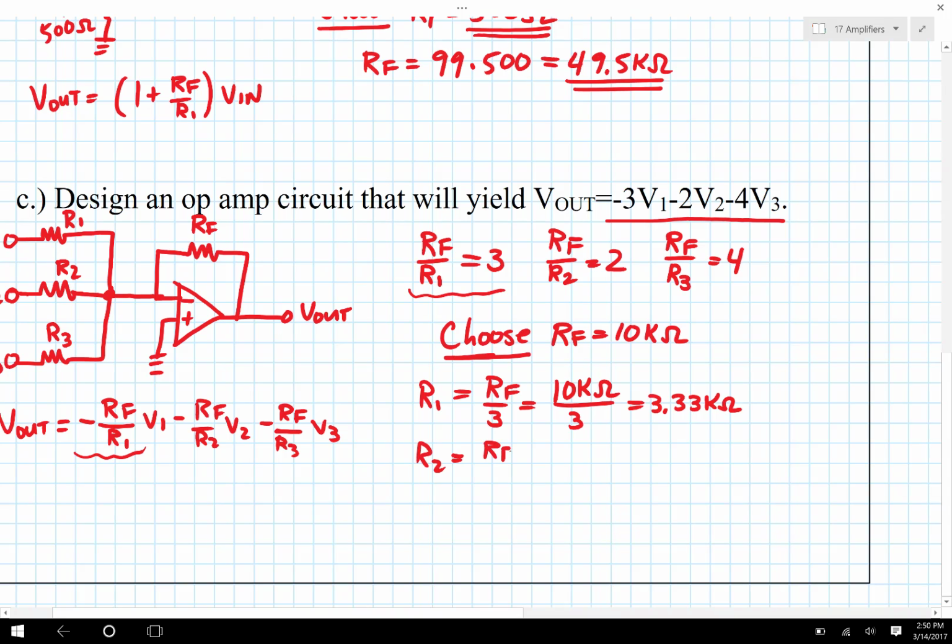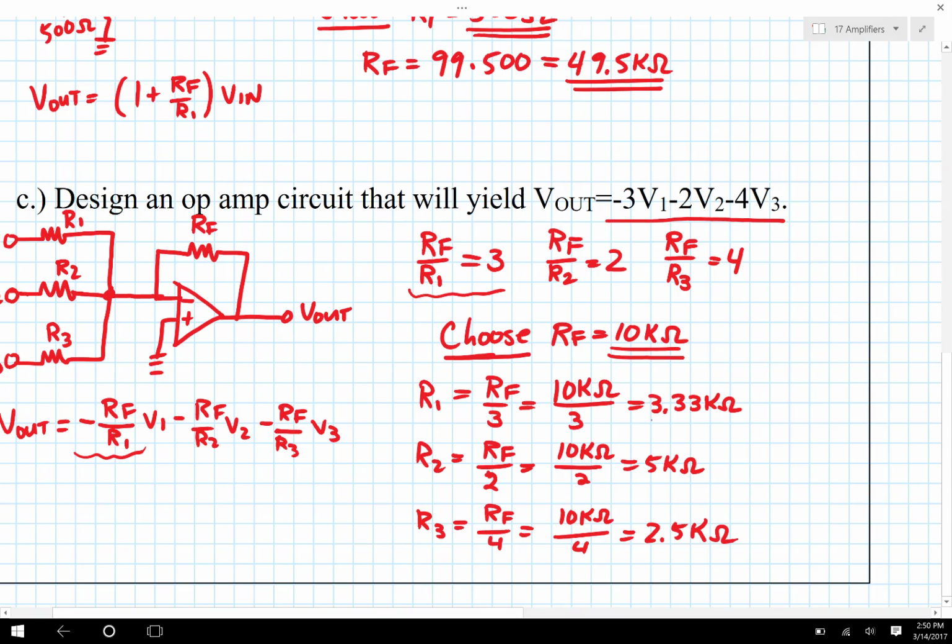R2 is RF divided by 2, which is 10 kiloohms divided by 2, which is 5 kiloohms. And R3 is RF divided by 4, which is 10 kiloohms divided by 4, which is 2.5 kiloohms. So I've got my 4 resistor values here.